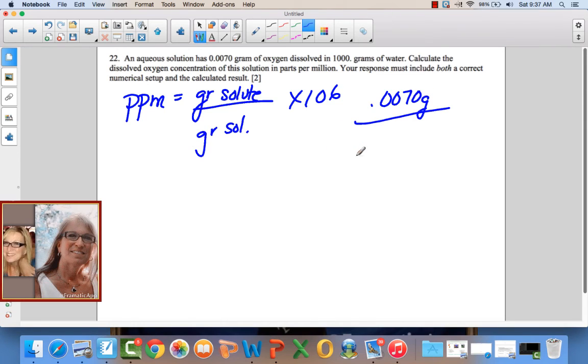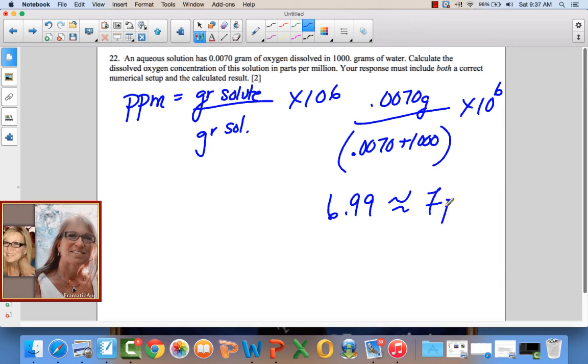That's in 1,000, so I have to add it to it to make the whole solution, times 10 to the 6th. So I get 6.99, which is approximately 7 parts per million.